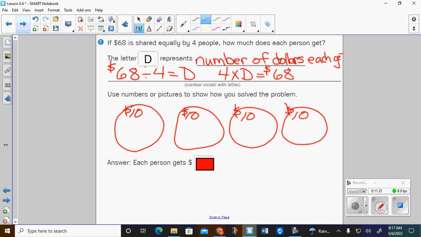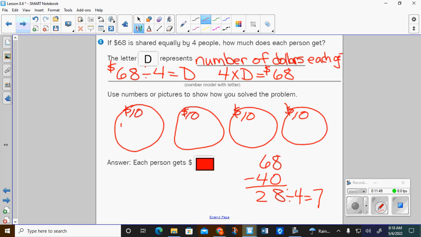So if I have $68 minus my $40 that I've already given out, that leaves me with $28 left. Okay, and if I take my 28, divide that with 4 people, and we all know that 28 divided by 4 equals 7. Or I could look at that as 4 times what equals 28.